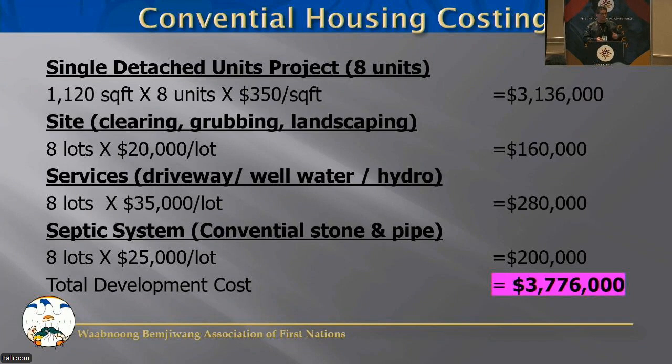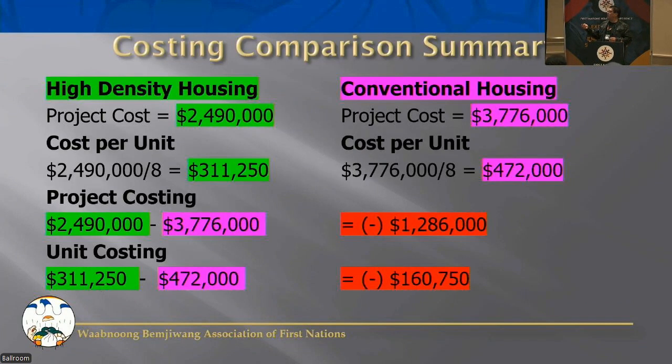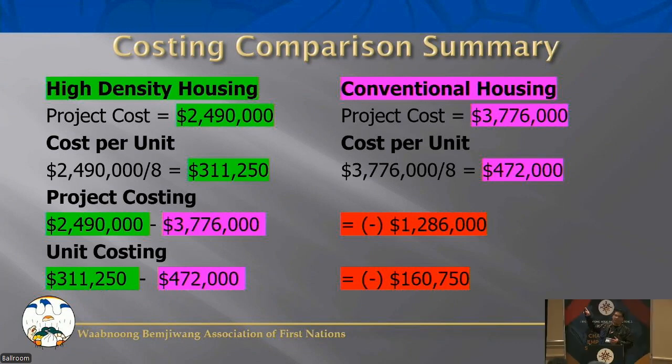This is just Class C estimates based on our experience. So let's put them side by side, right? High density housing, project cost, 2.5 million; conventional, 3.8 million. Cost per unit for high density was $311,000.